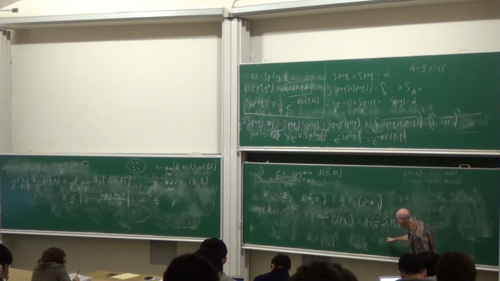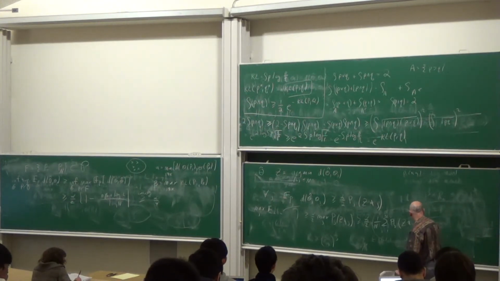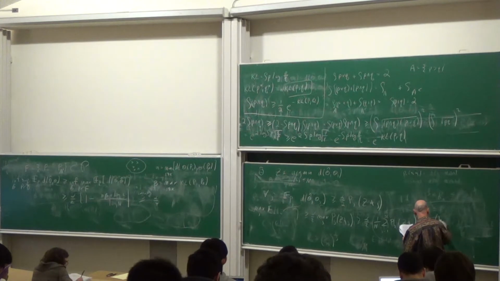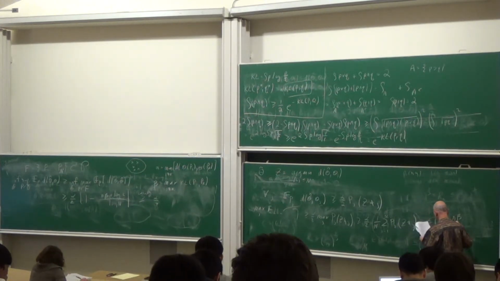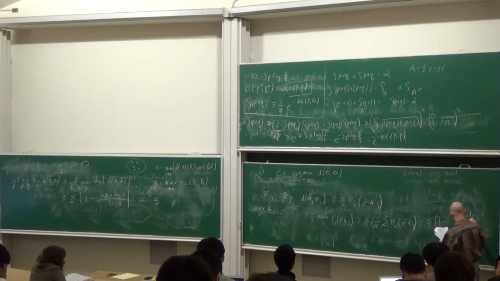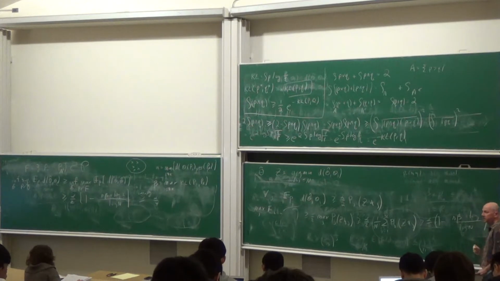This average probability of error has exactly the form that I stated. It's 1 minus the information term plus the log term, which completes the proof.